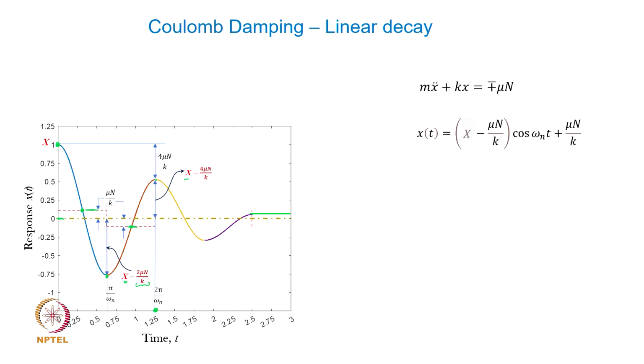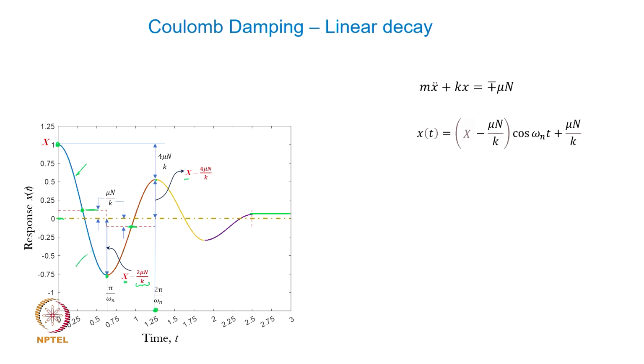Okay. It is again important to note that this half cycle shown by the blue color is following an equation of motion which is a linear equation of motion, but for one full cycle it is no more linear, it is bilinear.